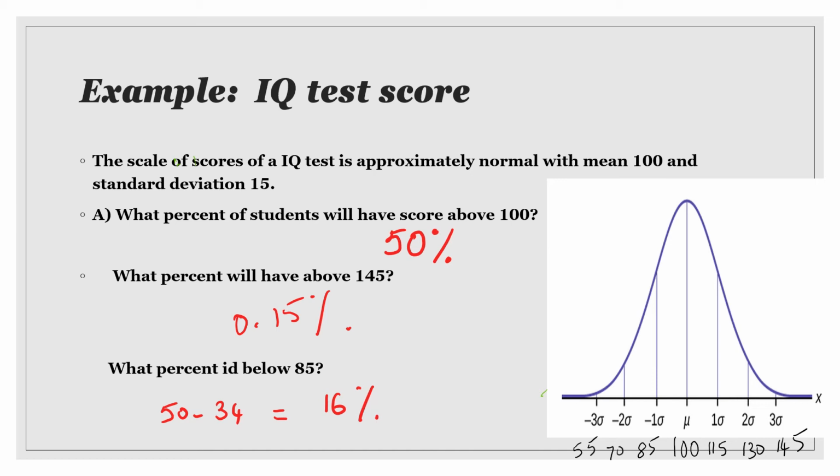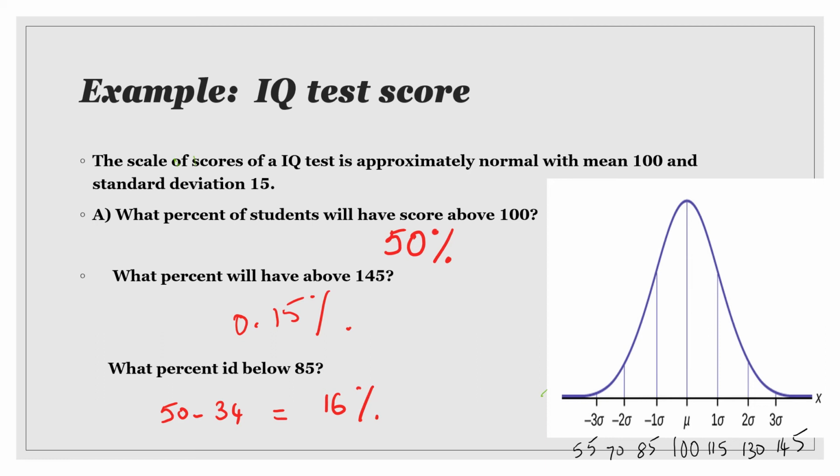So in a normal curve, the center is 100 and I can mark 3 points to the right, which give me mu plus 1 sigma, mu plus 2 sigma, and mu plus 3 sigma. And to my left, I can find mu minus 1 sigma, mu minus 2 sigma, and mu minus 3 sigma.